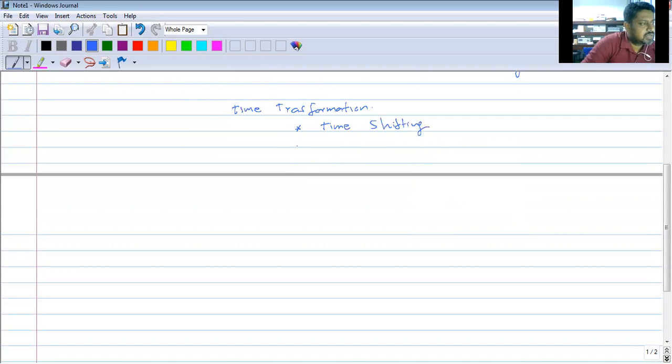The second one is time reversing. And the third one is time scaling.